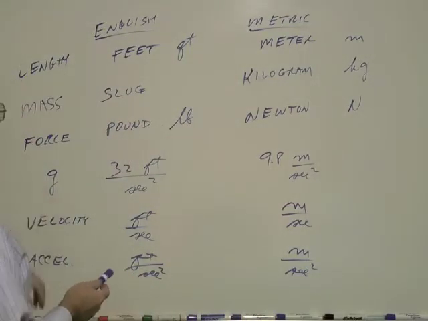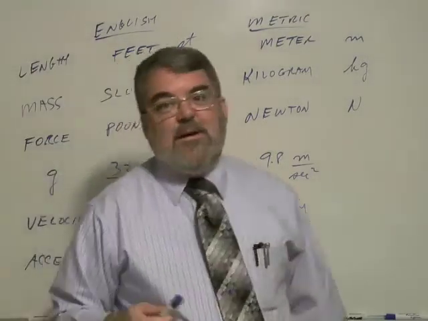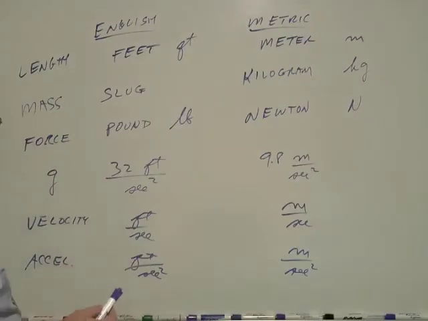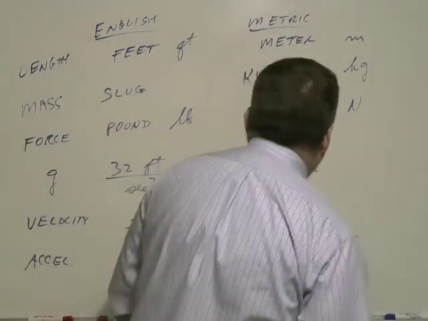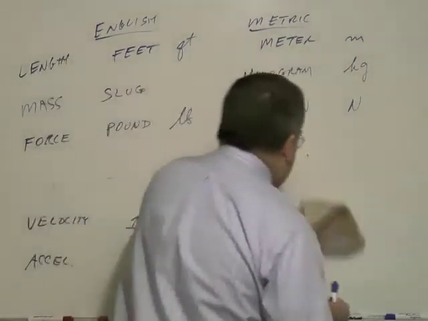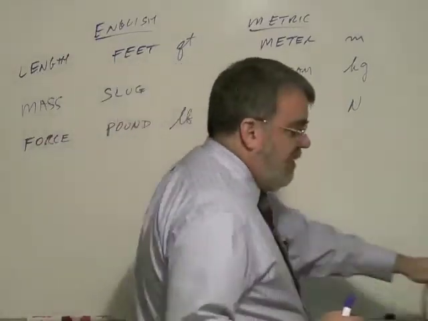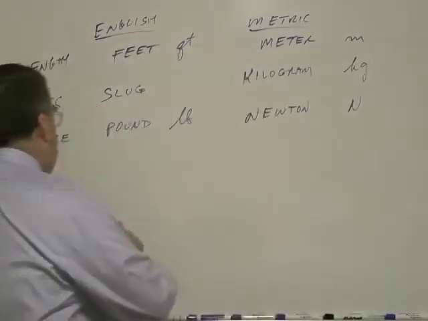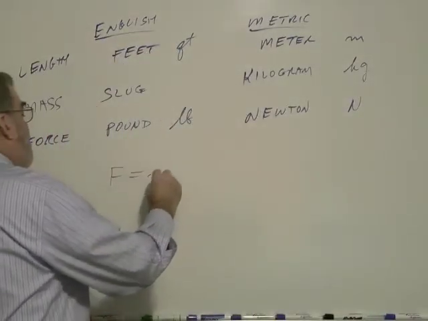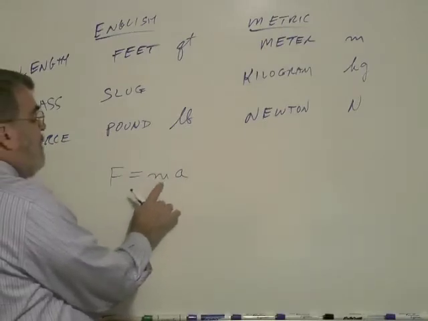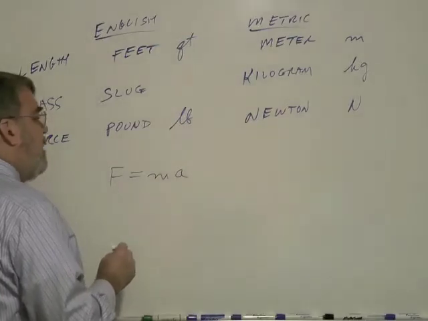Sometimes we'll need to multiply mass times gravity in order to get weight, so let's write that out. Newton's relationship between force, mass, and acceleration is that force is equal to mass times acceleration.